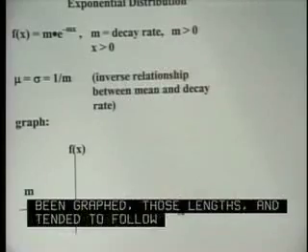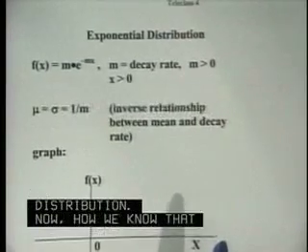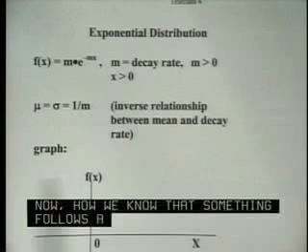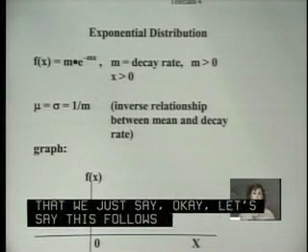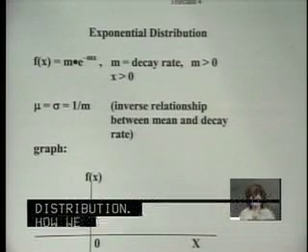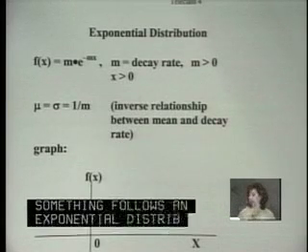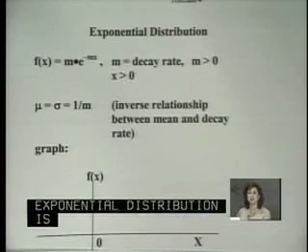Now, how we know that something follows an exponential distribution is not that we just say, okay, let's say this follows an exponential distribution. It's usually based upon having graphed the histogram.